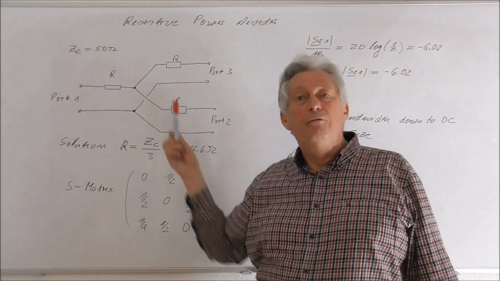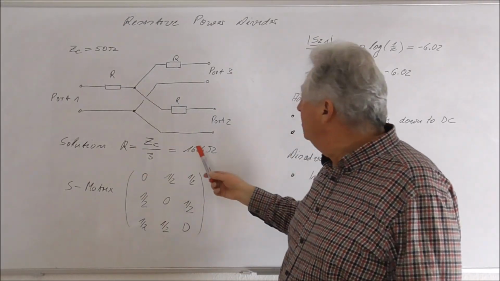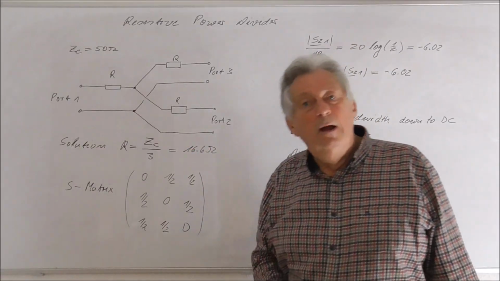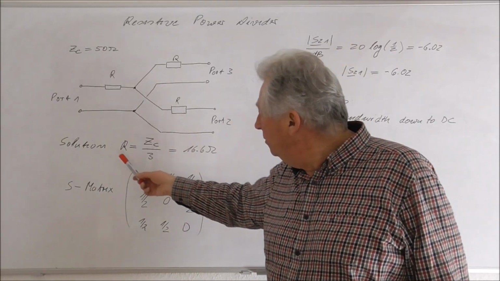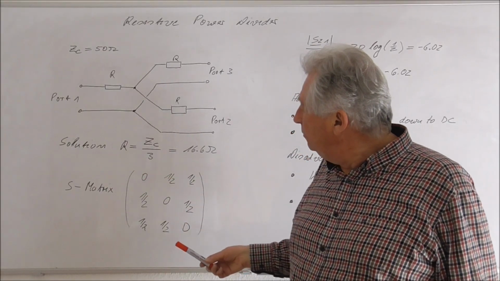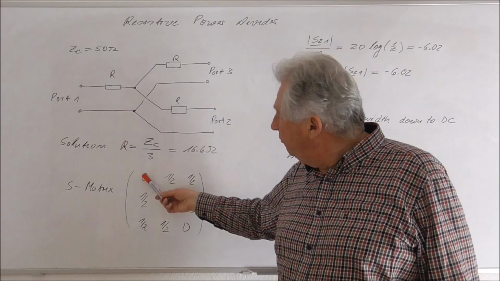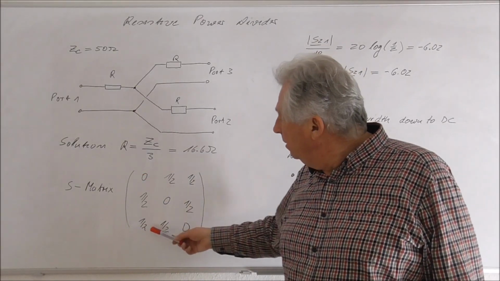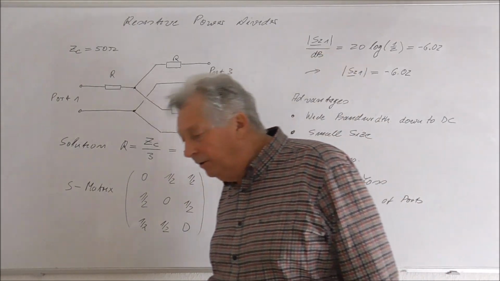So if I have a 50 ohm system, I must use a 16.6 ohm resistor, and then we found this to be our S matrix, and it's free of self-reflections and all parameters are 1/2.